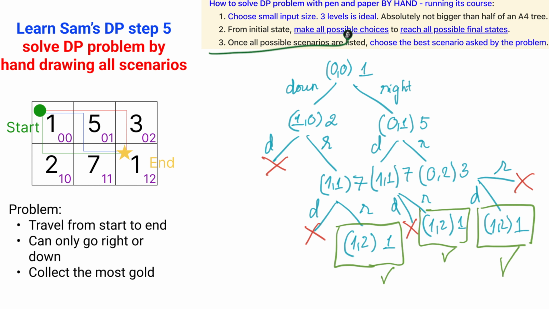We're then gonna go back to the problem and look for the information the problem is asking for, which is collecting the most goals. This is a depth first search state tree.